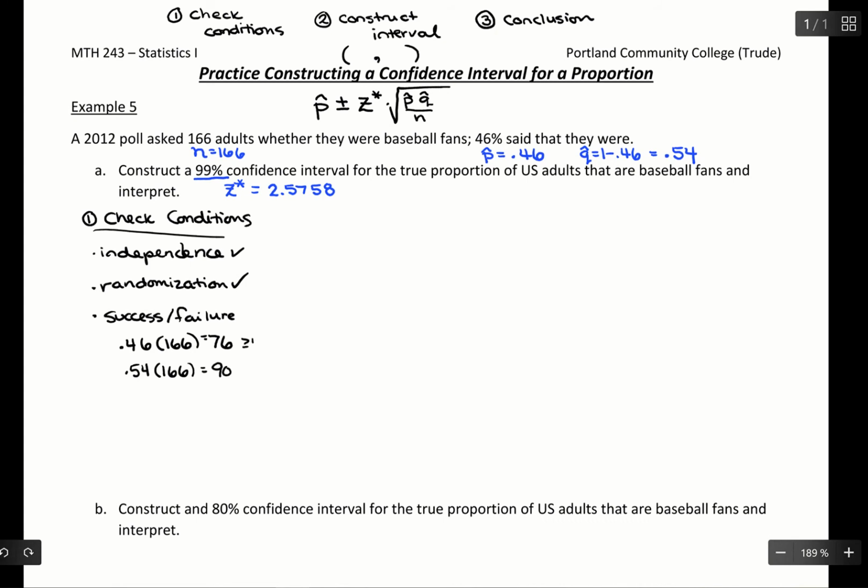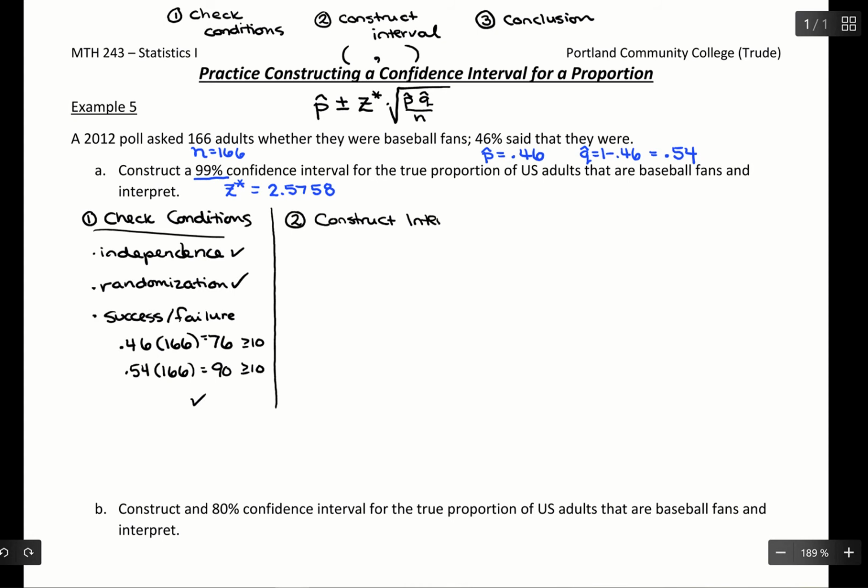So with that, both of these are more than or equal to 10, so we're good there. So we checked our conditions, and we can move forward. But if we fail any of those conditions, then we can't find this confidence interval for a proportion, because basically it means we don't have a bell-shaped curve, or at least we can't assume we have a bell-shaped curve. We can't move forward. But we passed those conditions, so now we can construct the interval.